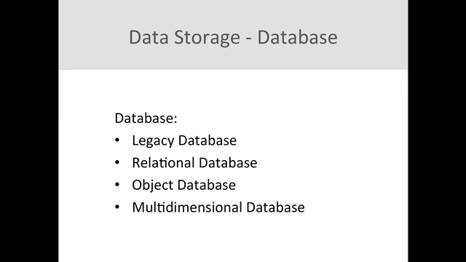There's not as many applications today that use these types of databases, so it's based on object-oriented programming. And then we have multi-dimensional databases, which typically, when you look at a multi-dimensional database, those are related to data analytics and business intelligence, where you pull information from multiple database formats. And you can be pulling from legacy, different relational database vendors or object databases, and use this for long-term decision making.